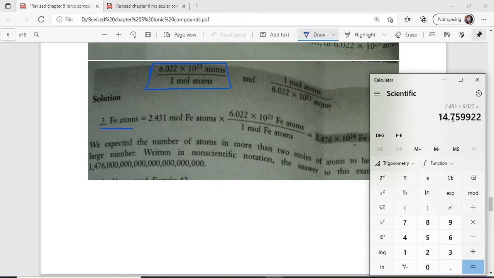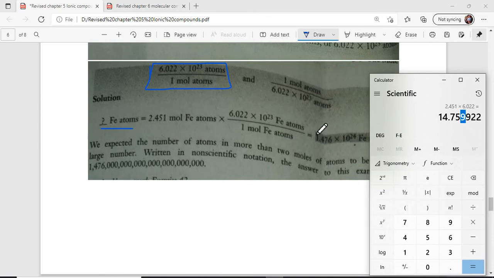If you move it to the left, you gain 1 exponent. Therefore, add 1 to the exponent, which now becomes 24. Your answer will be 1.475, or 1.476. When you round off, the last digit after the 5 is 9, which is greater than 5, so it becomes 6.